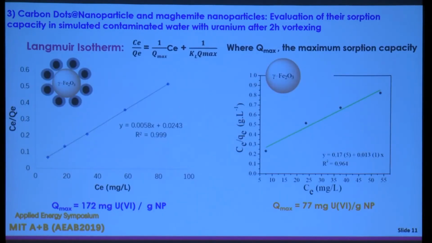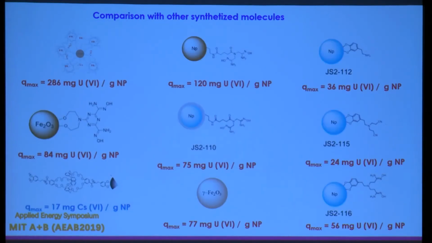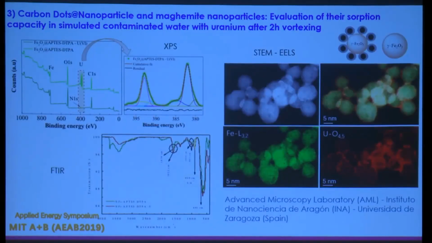These results are interesting because this compound is very difficult to synthesize, and we expect that the combination of carbon dot with magnetic particles is an interesting way for extraction of metal.